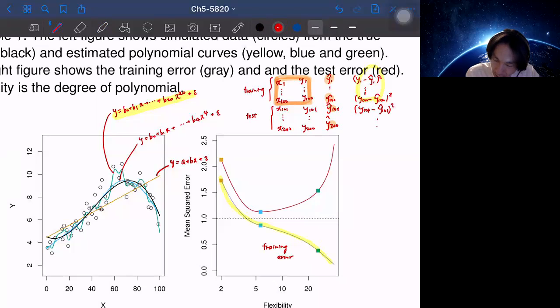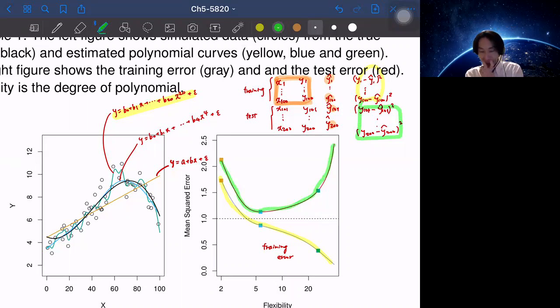So these errors are a kind of real prediction. If we take the average of this, that is the test error. Test error gets larger if the model is unnecessarily complicated. So you can see that the blue model is the best among these three.